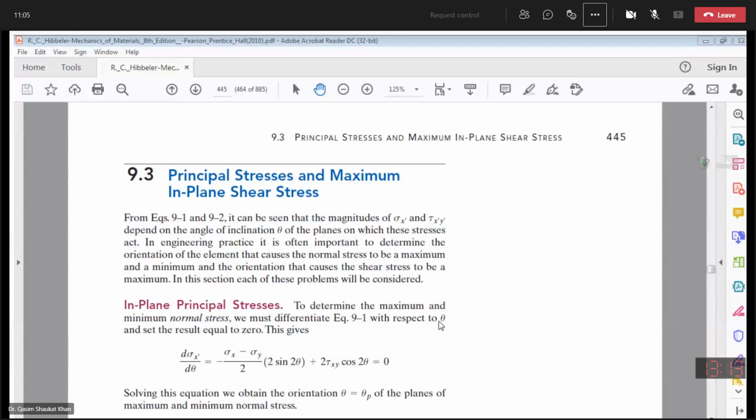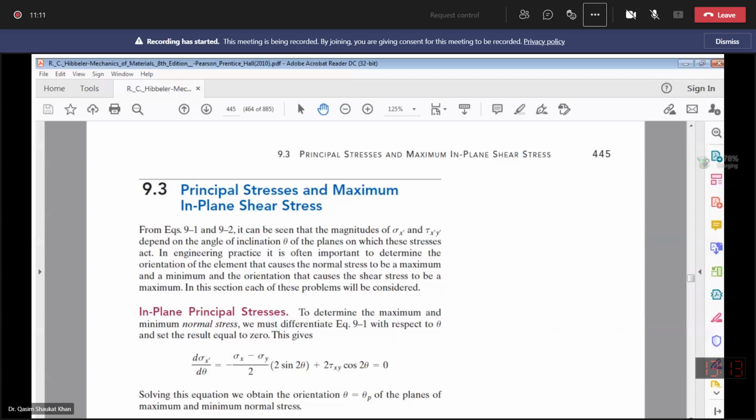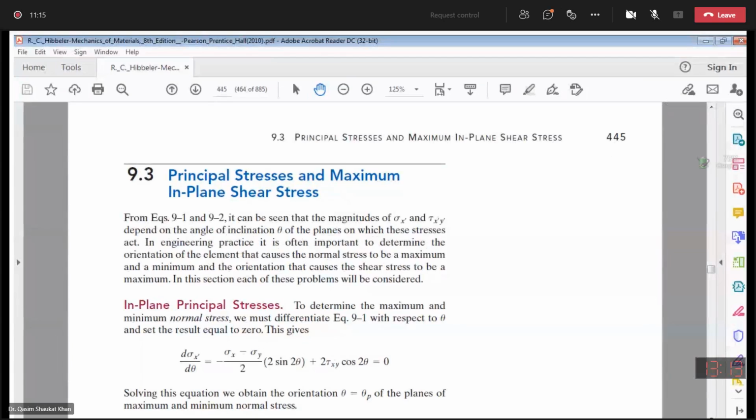Bismillahirrahmanirrahim. Let's start with today's lecture. Last time we were studying principal stresses and maximum in-plane shear stress. We derived the equation to calculate the orientation of the principal planes, and as we said earlier, the normal stresses on the principal planes will be our principal stresses, the major principal stress and the minor principal stress.